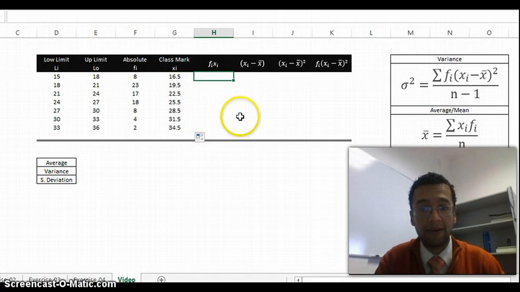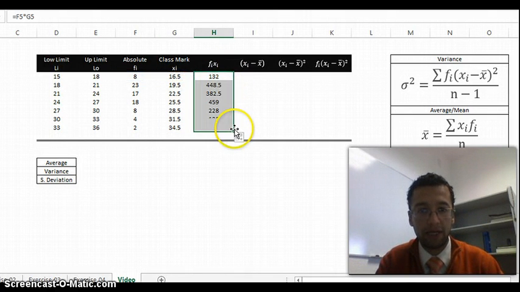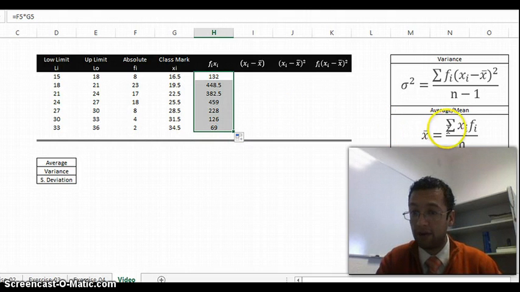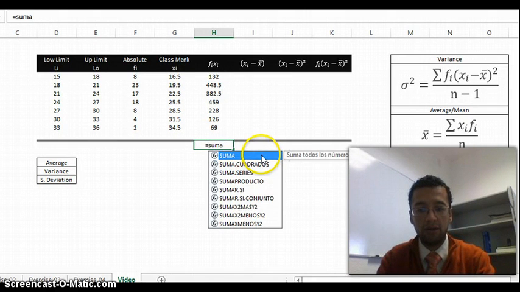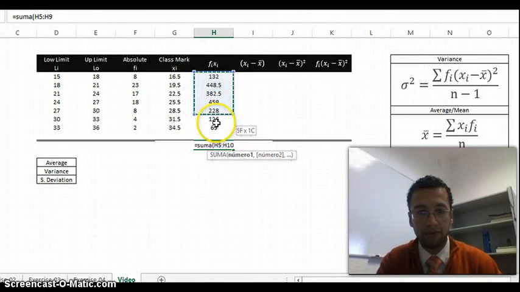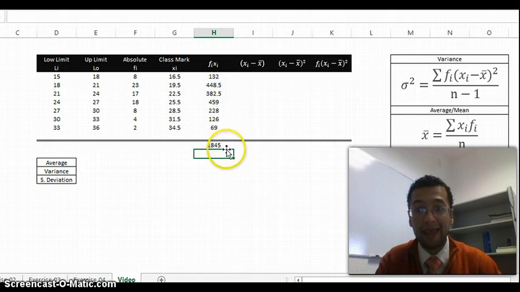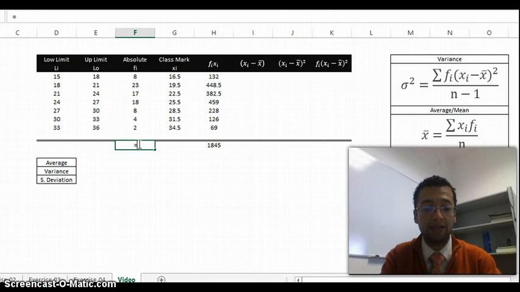Now you have to multiply the absolute frequency times the class mark and make it for all the classes. Now it says here that we have to make a total addition, so we have to add this column right here and then divide it over the total observations, and this is the value for the absolute frequency as a total addition.